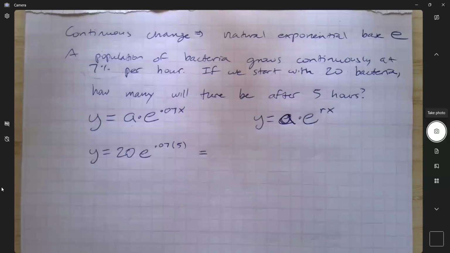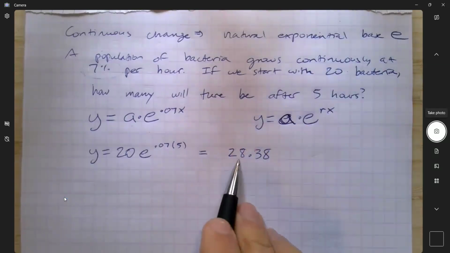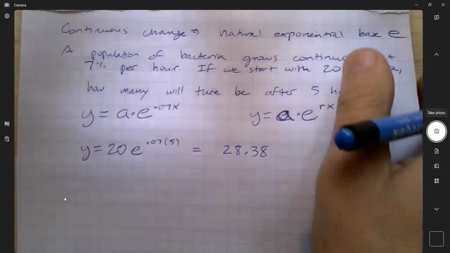And so we go over to our calculator, like Desmos, to find what that number is. 20 times e to the 0.07 times 5, and we get 28.38. And again, if I'm thinking in thousands, 28.38 thousand. That's a question I could ask.